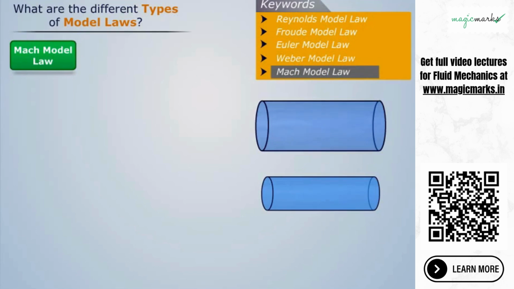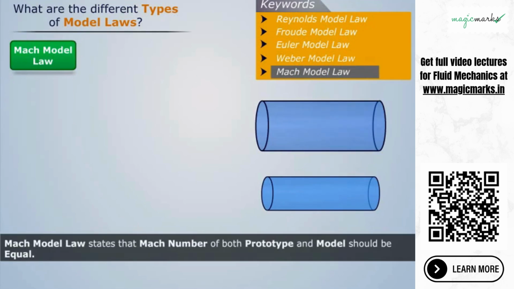And finally, let us understand Mach model law. This law states that Mach number of both prototype and model should be equal. Consider the same prototype of a pipe. Let MP be the Mach number of this prototype. Now let us design a model of this prototype.